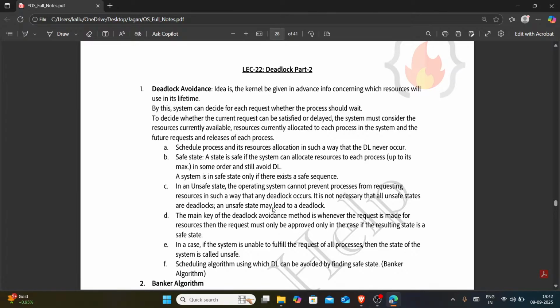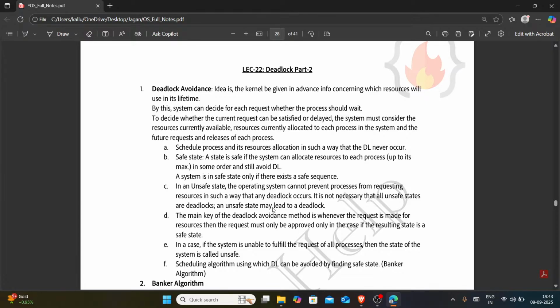A safe state is one where the system can allocate resources to each process in some order and still avoid deadlock. The system is in a safe state only if there exists a safe sequence.